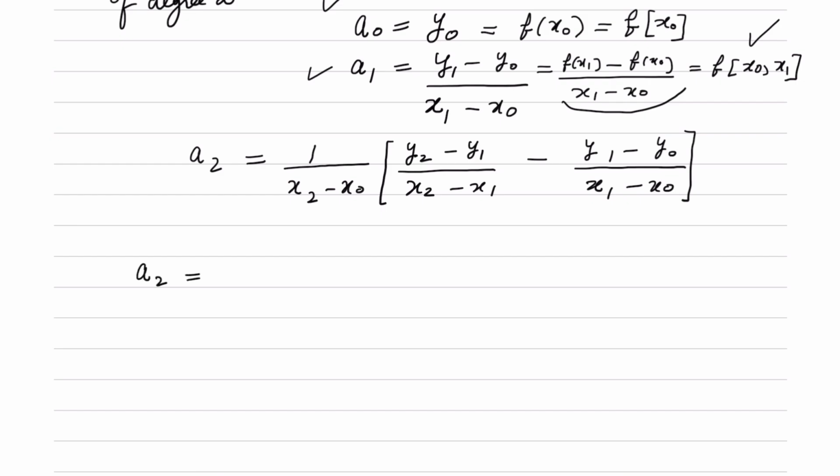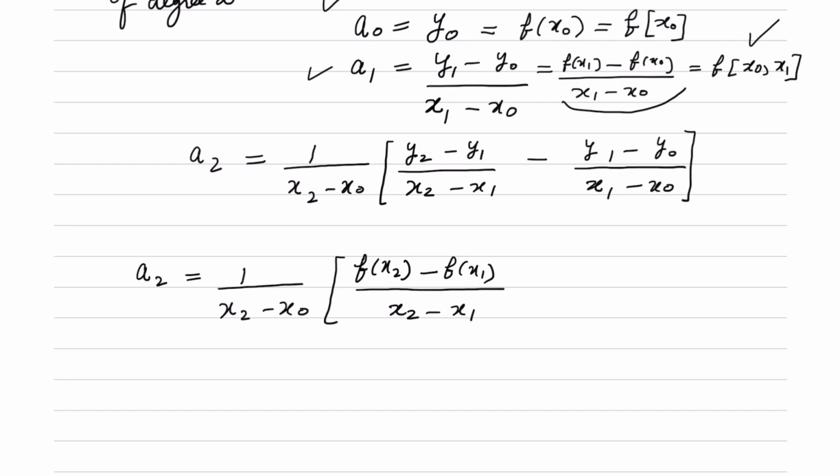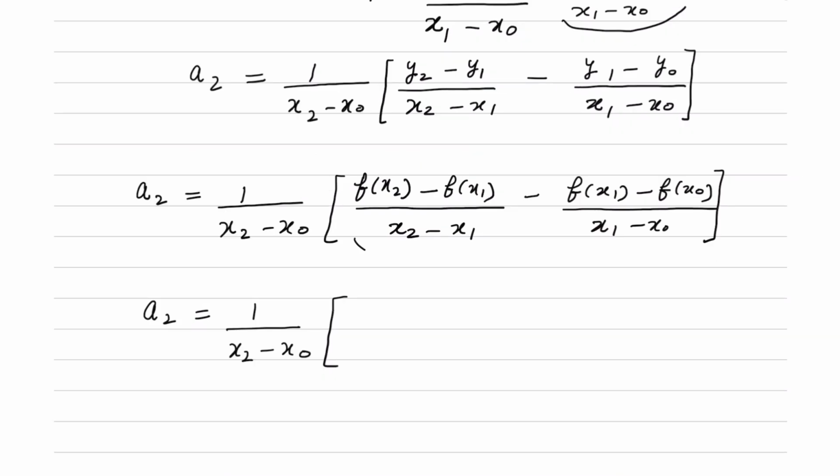So first we will write a2 in the f form. In the places of y's, we will put f. y2 here can be written as f of x2. y1 is f of x1 divided by x2 minus x1, minus y1 is f of x1 minus y0 is f of x0 divided by x1 minus x0. This whole expression can be written as f of square bracket x1 x2.